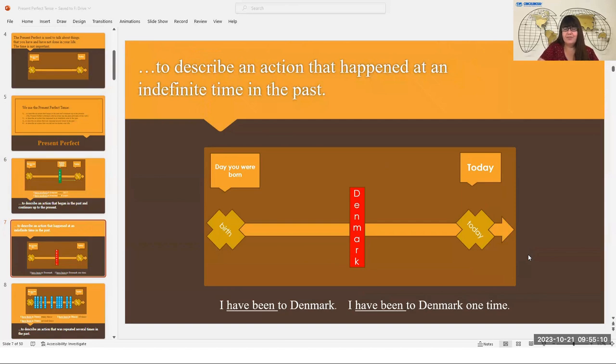The second way is to describe an action that happened at an indefinite time in the past. If you remember at the beginning, I said that time is not important in this verb tense because we only want to know, do you have this experience in your life or do you not have this experience in your life?